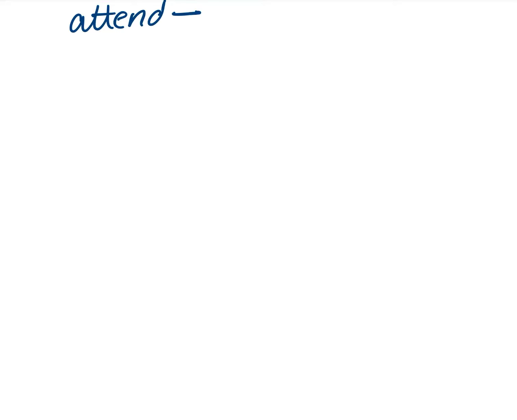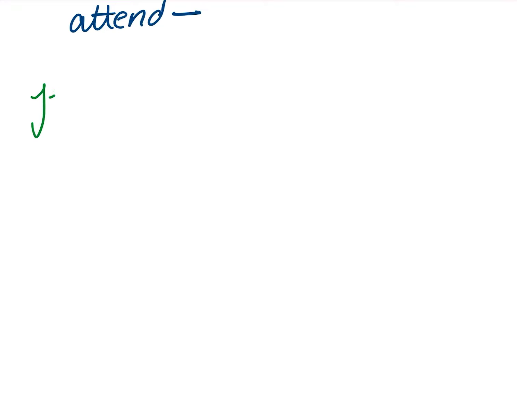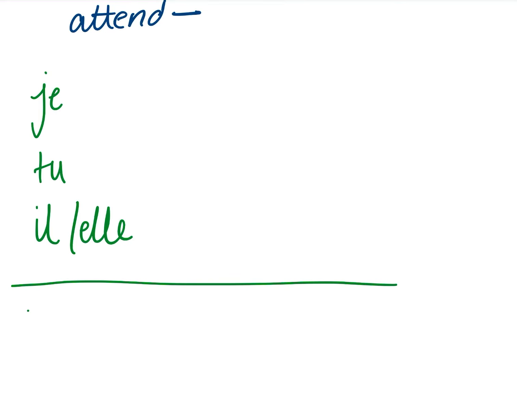So we need our pronouns, and remember, if you don't know how to form pronouns in French, check out our key skill video on that. So we have je, tu, il, elle. We have our plurals, nous, vous, ils, elles.